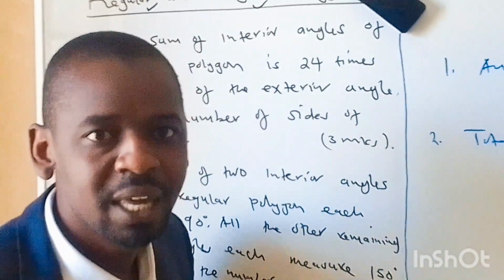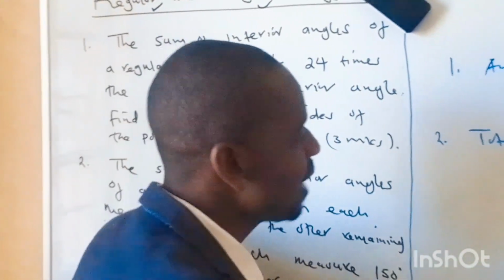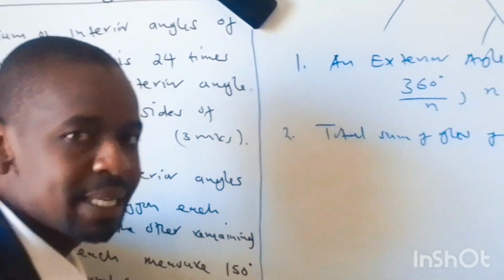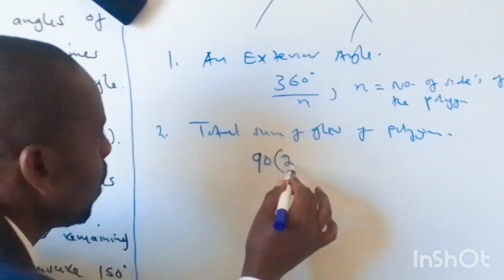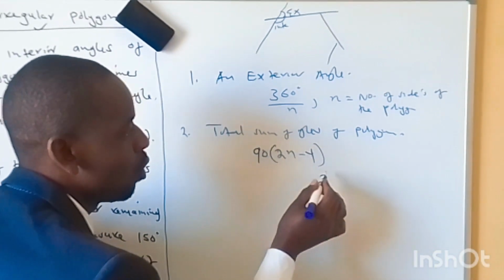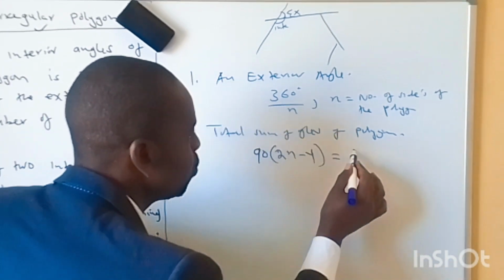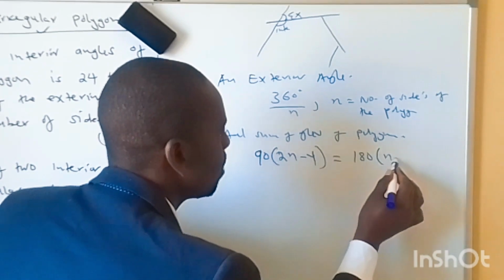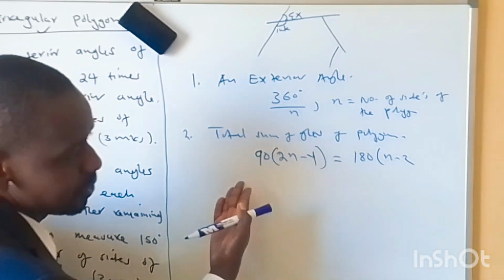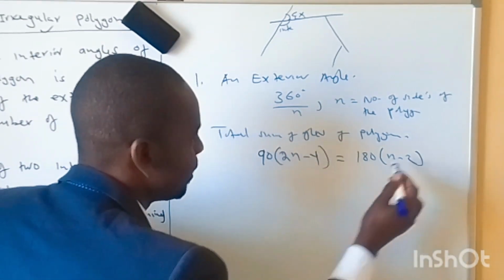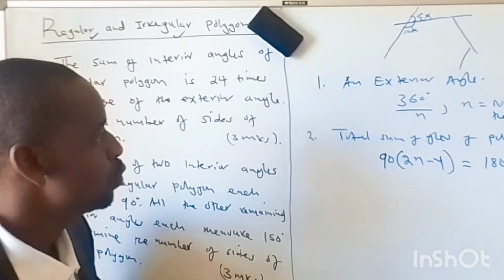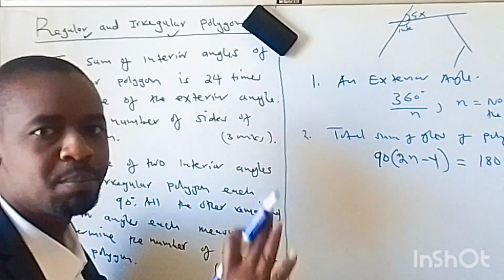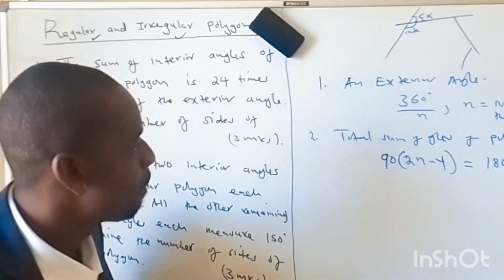That's why, to get the sum, it is 90 into 2n minus 4. Or you can also use 180 into n minus 2 when I take the 2 outside. You see? Still the same. That's the formula you are supposed to use when you want to get the total sum of the angles of a polygon.